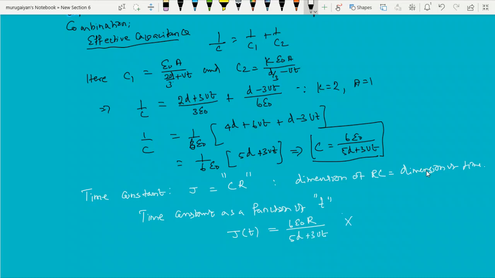So this is the final answer. This is known as the time constant. In it, 6, epsilon naught, R, D and 3 are constants, and V is a known constant speed, but time alone is the variable. So the time constant has been written as a function of t.